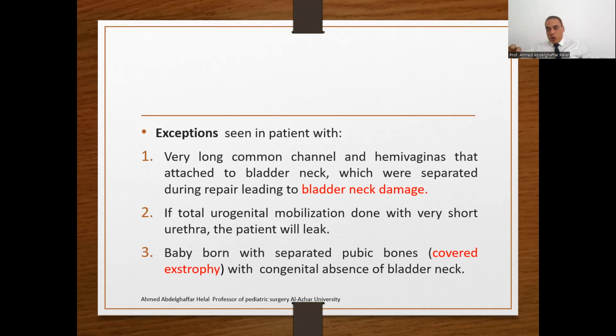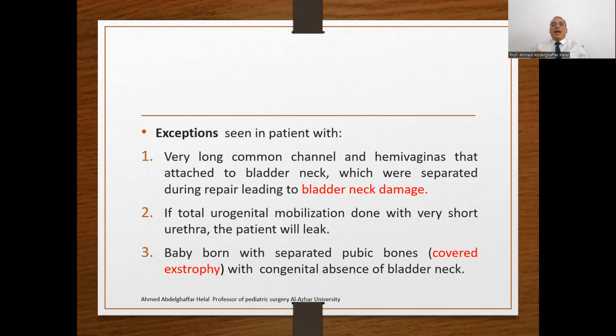So this is the exception to the rule, that most cloacal malformation patients have a large flaccid bladder and a competent bladder neck. So they will be ideal candidates for clean intermittent catheterization, except with a very long common channel and hemivaginas, where in the operation trying to separate the vagina from the bladder, you may injure the bladder neck or cause bladder neck damage.